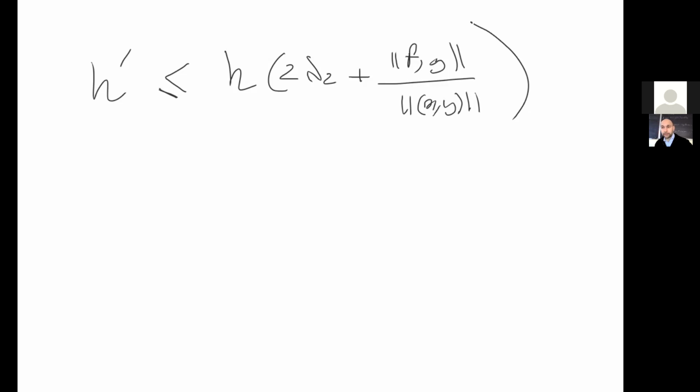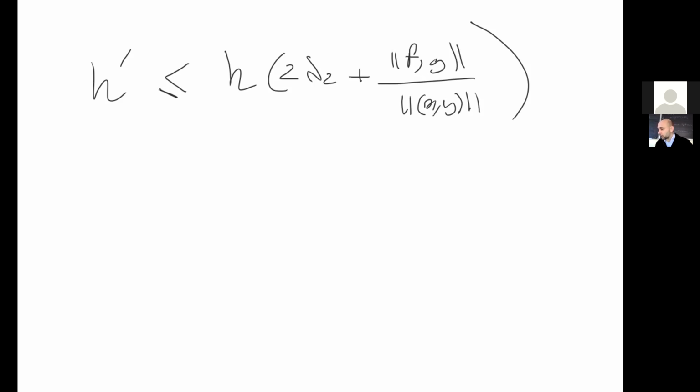So now, if I am close enough to (0,0), without loss of generality, I assume that my fixed point is (0,0). I can always come to that by a change of variables. Right? But now, since lambda 2 is negative, this will remain less than some constant.